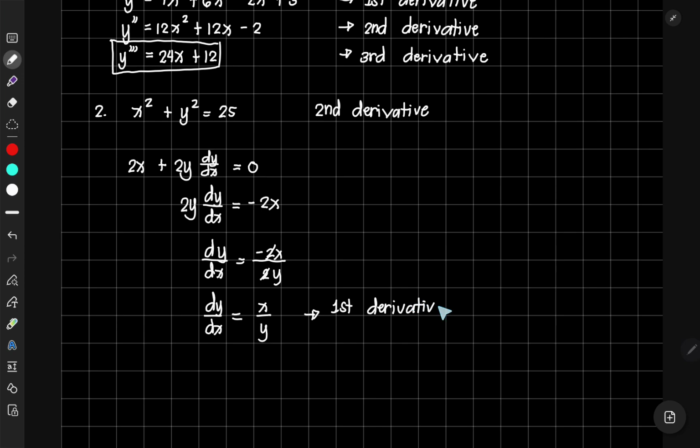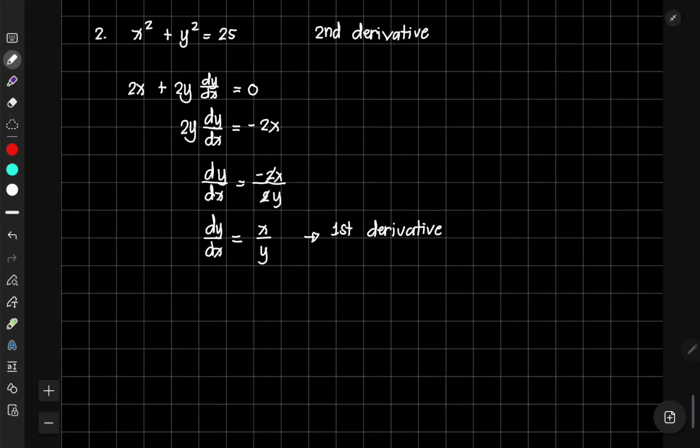So, yung second derivative niya is we have to get the derivative of this one again. So, for the second derivative, this would be d squared y all over dx squared. So, ito is a fraction siya or division. So, we will use yung quotient rule.